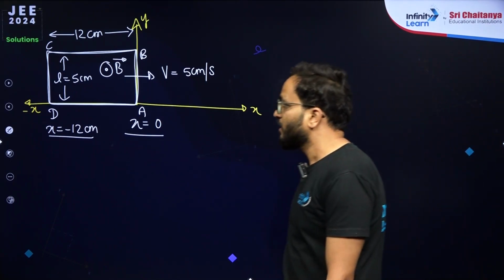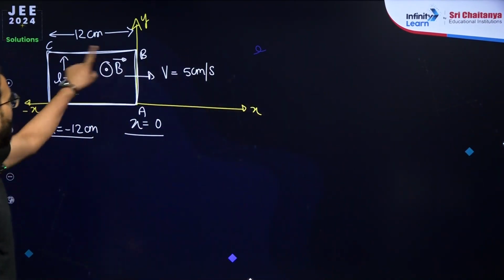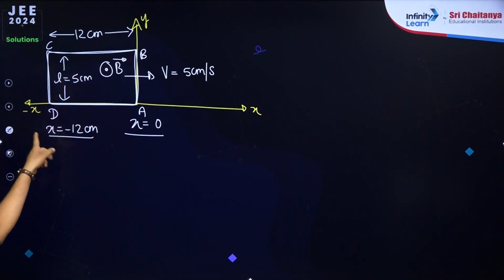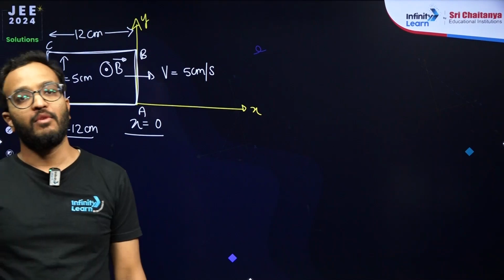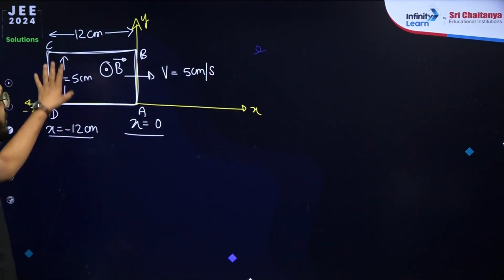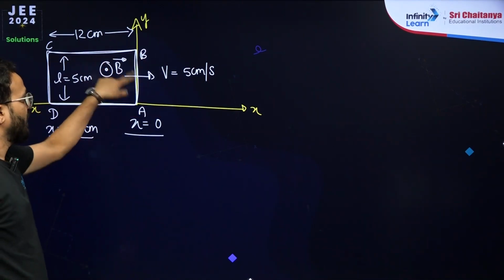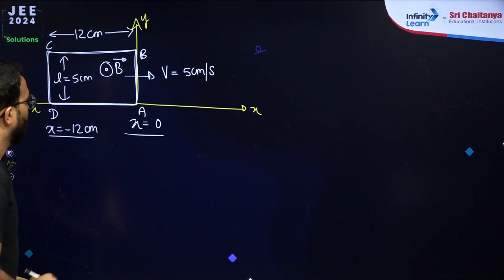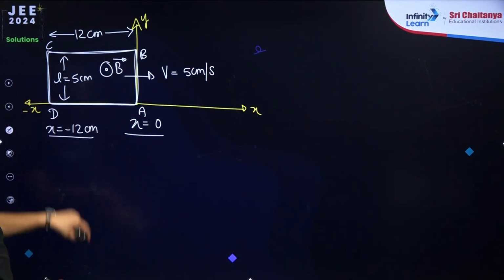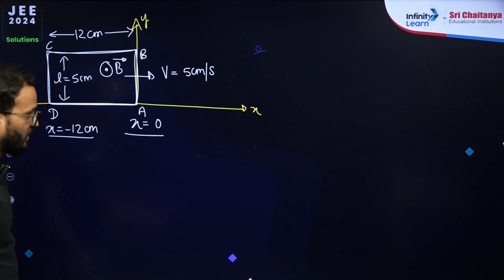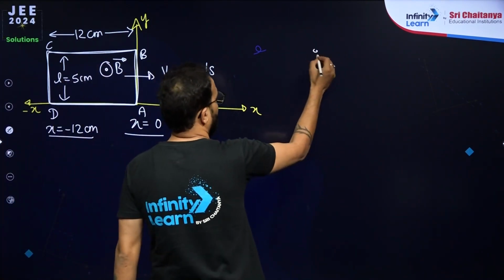See, the EMF induced in BC and DA because of the movement will be what? Tell me. It will be 0, right? Because velocity and length vector are perpendicular here. So because of the movement, BC and DA will not have any induced EMF. So the only induced EMF will be in CD and BA, right? So let's talk about the rod.